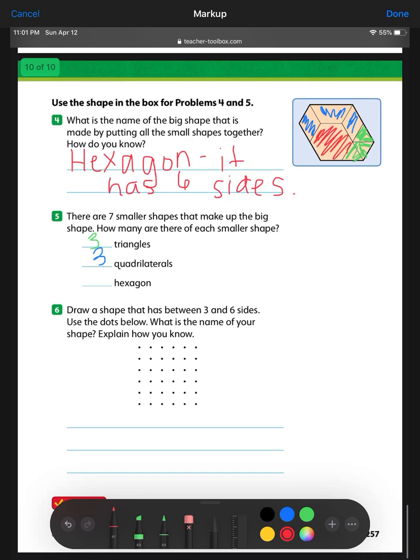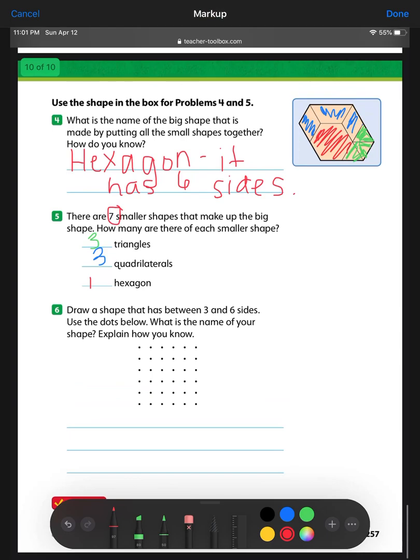And this is a hexagon right here. So there's 1 hexagon. So there were how many shapes? Let's count all those together. 3 and 3 is 6 plus 1 is 7. So our problem said there are 7 smaller shapes. And we have 7 shapes in our answer. All right, good job.